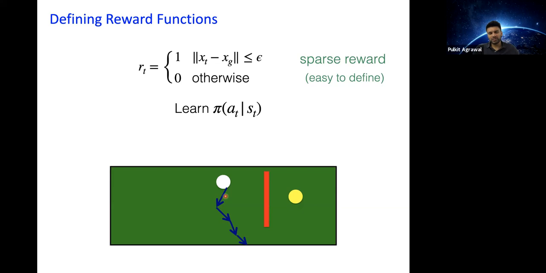So the agent is unable to develop any bias towards which direction it should move in, because it is getting no signal of what direction is the right direction. My reward will only be gained if, by random chance or by executing a random sequence of actions, the agent reaches the reward over here.